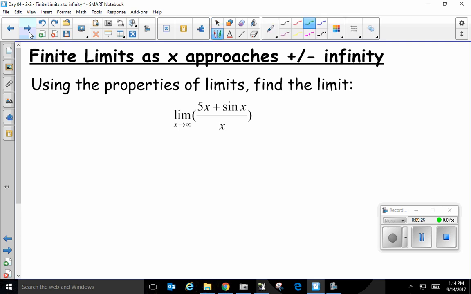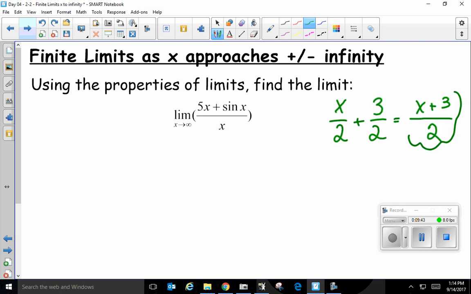Question, if I had x over 2 plus 3 over 2, what does that equal to? If I had this, couldn't I break it back up into 2 fractions and it's the same thing? That's exactly right. It's a common denominator.